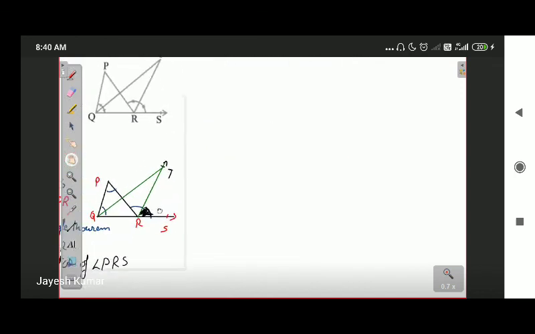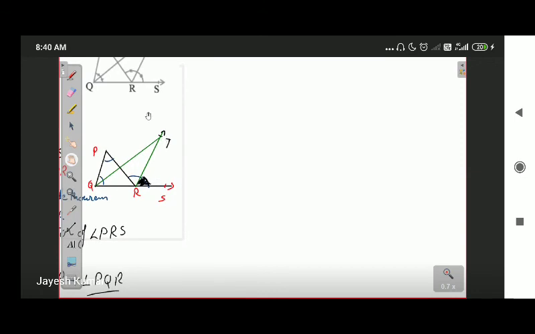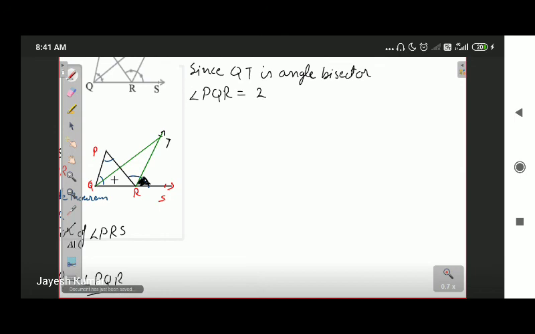So we'll write it as QT is the angle bisector, so angle PQR is equal to twice of angle TQR.